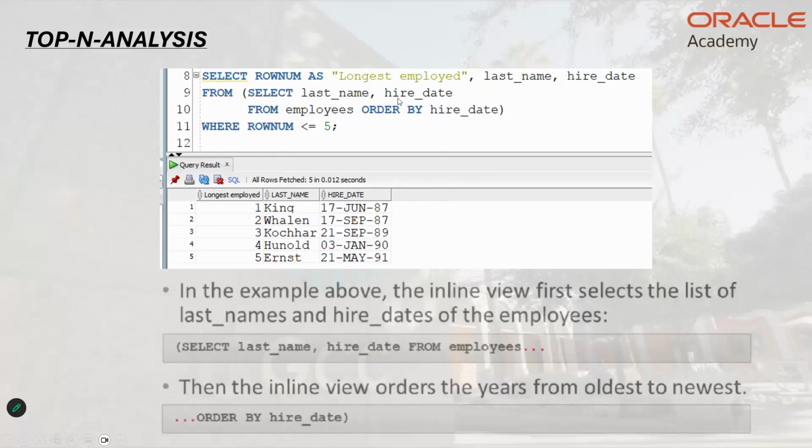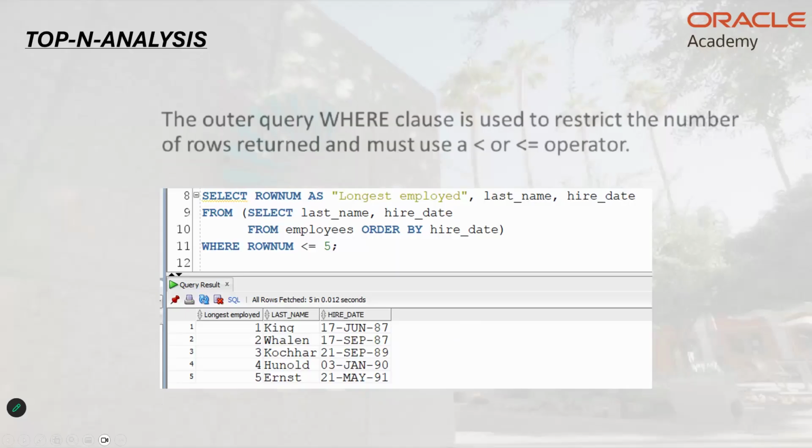Instead of creating a view, you're just doing a subquery in your select query, or you can even run DML if you're brave enough. But this is labeled as top-N analysis because we're trying to order our employees that have been at Oracle the longest. Any questions about that? If we're all still awake.